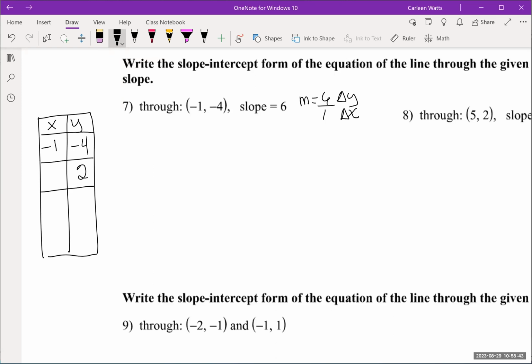And now I'm going to add 1 to the x's and I get 0. Let's do another one. What would the next point be? Diego, there you are. Okay, 8, add 6 to the y's and add 1 to the x's.